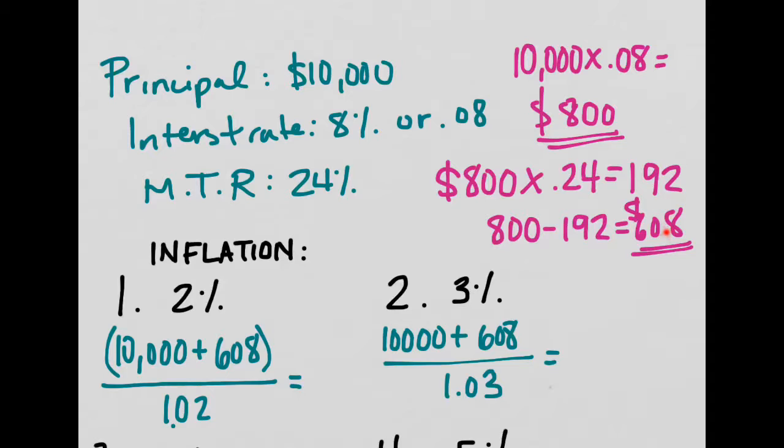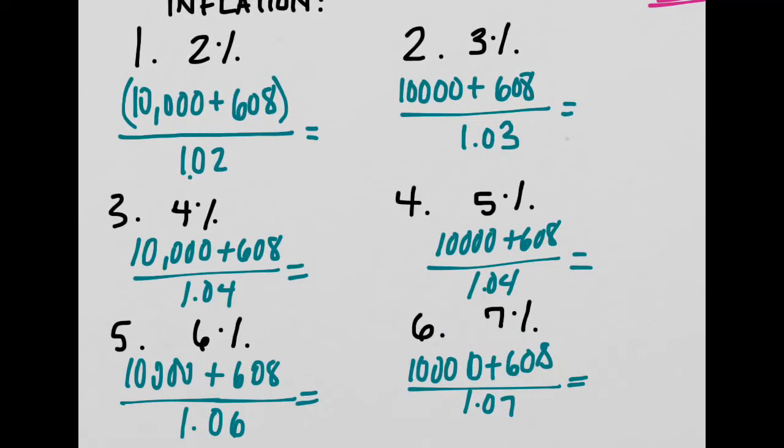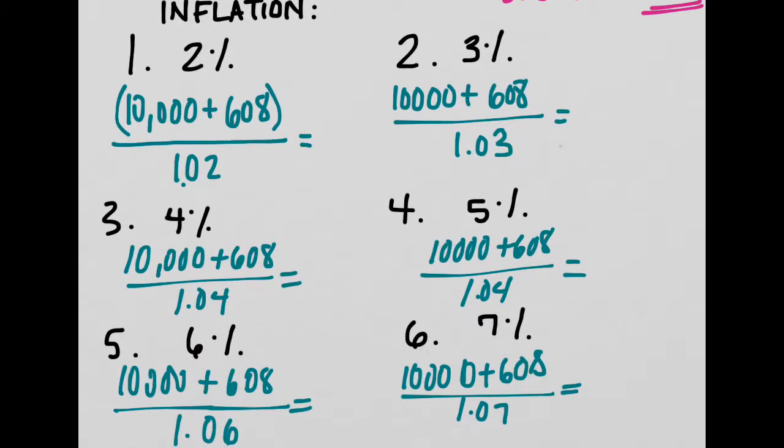So then I need to add those two together and divide it by my inflation percentage added to 100% and written as a decimal. So the same thing is going to happen every single time here. And if you see there's a pattern, we're just kind of evaluating at what inflation rate you still are going to make a little bit of money.